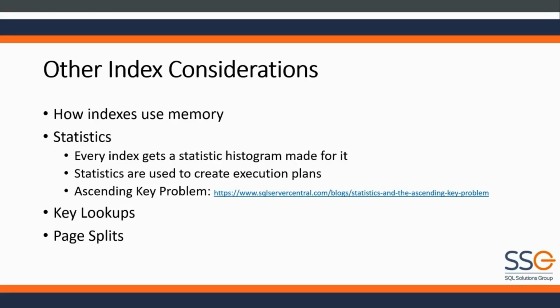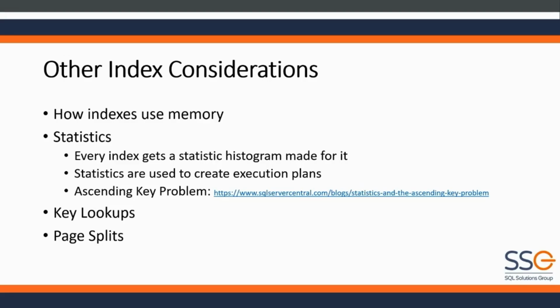If you've got much more data of a certain type in there, it'll know. Statistics is what SQL Server uses when it decides to create an execution plan and when it's trying to work out the best way of executing a query and returning the results to you. There's some problems with this.